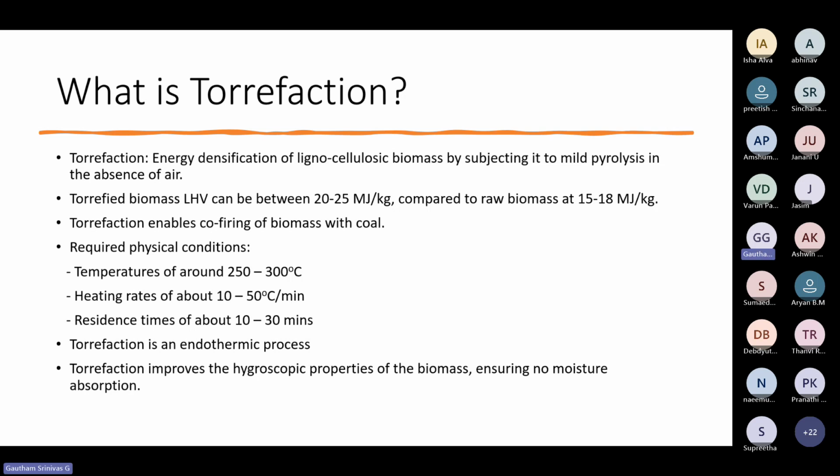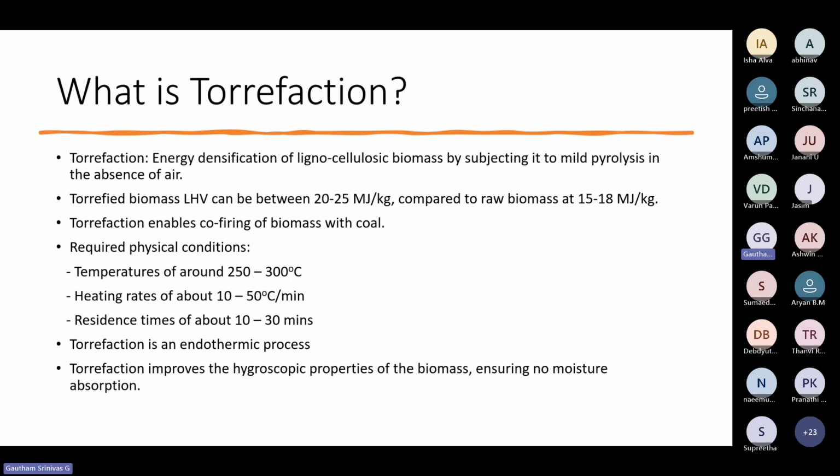Okay, recall your lecture on biomass properties. What all does biomass contain? Think, proximate analysis. What does it contain?